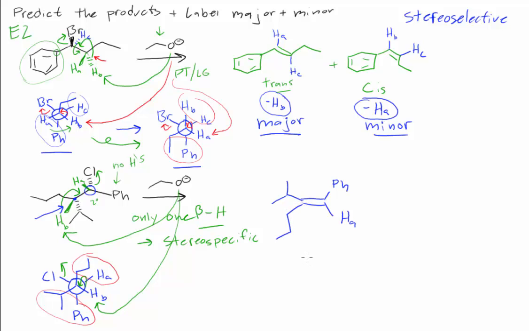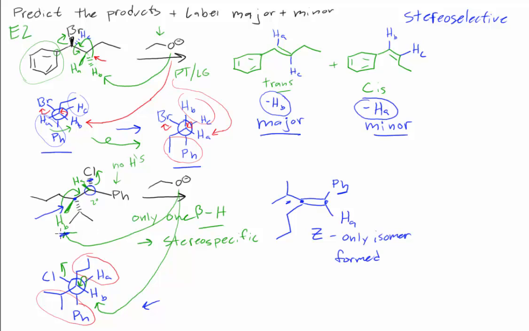And so is this the E or the Z isomer? Well, on this carbon the phenyl is higher priority, and on this carbon the isopropyl is higher priority, so this is Z. And this is the only isomer formed. Don't draw the E. And there's not really an easy way to predict this unless you draw the Newman projection, or once you get good at visualizing, you can see that HB right here and the chloride are already lined up in an anti-periplanar fashion.